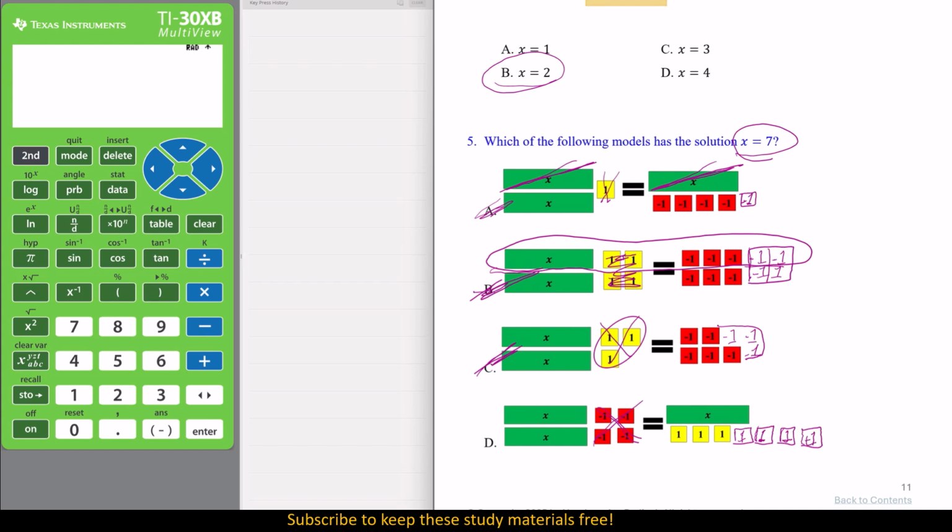Oops, that's a plus. So now I have 7 positives on the right-hand side. And if I use cancellation to get rid of the x's on both sides, then what do I have? It's just what do I have left? I don't need to divide out or anything like that. I have the single x on the left side, which is what I want. And then I have 7 positives. So D is the only thing that really works.